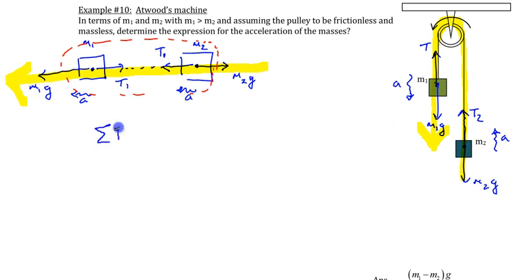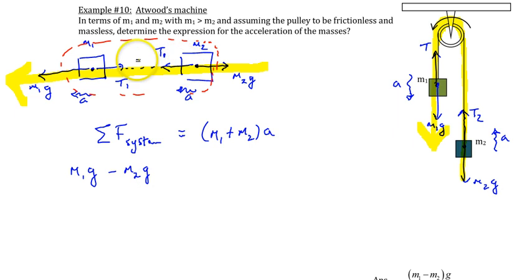So if I sum the forces of the system, that will be equal to the total mass of the system, which is M1 plus M2, times A. Now we're looking at the external forces that are acting on the system. So that would be M1G, which is externally acting on this one, minus M2G, which is going in the other direction.